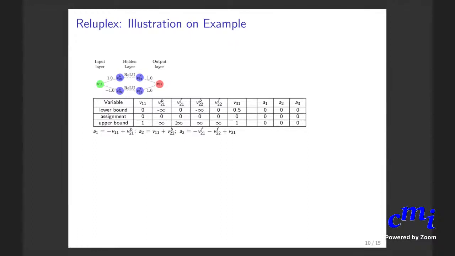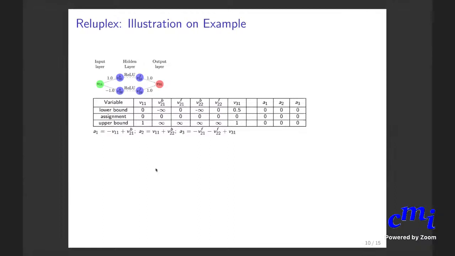Does any of you have any doubt in saying that this table, which models a set of linear constraints with slack variables A1, A2, A3 introduced to denote the linear expressions and the linear constraints, is an over approximation of your DNN, the original DNN?